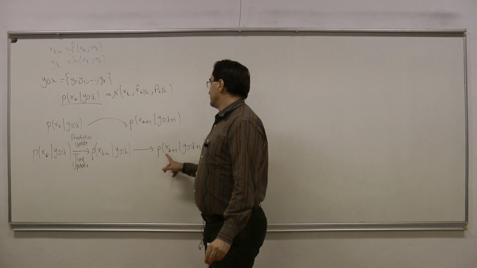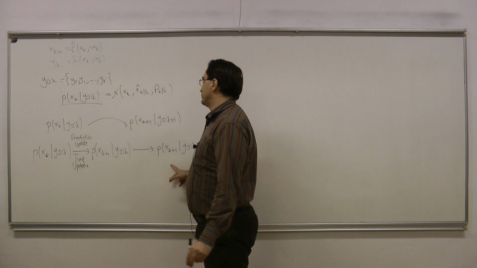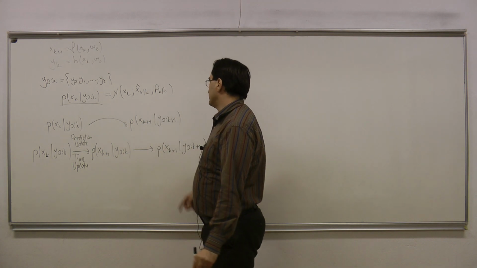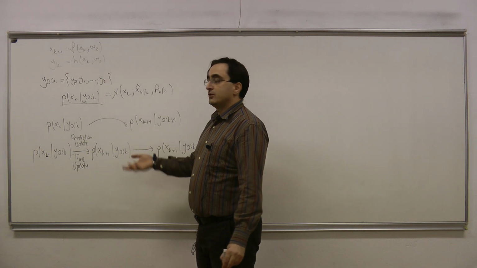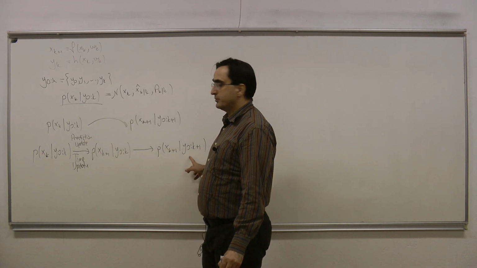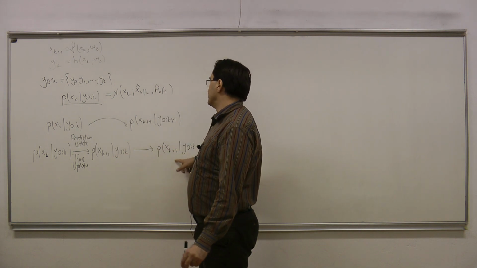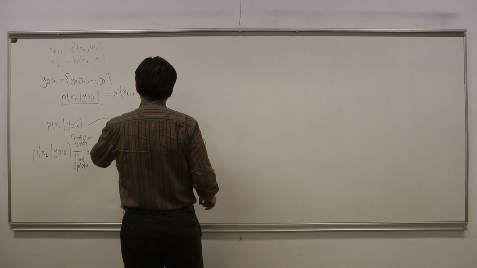In this case, the state remains fixed, so it is x_{k+1} in both of the distributions, and we add one more measurement from here to here. So from this step to this step, I need to incorporate the effect of the (k+1)st measurement in this distribution. That is because a measurement is added in this step. This update is called measurement update.